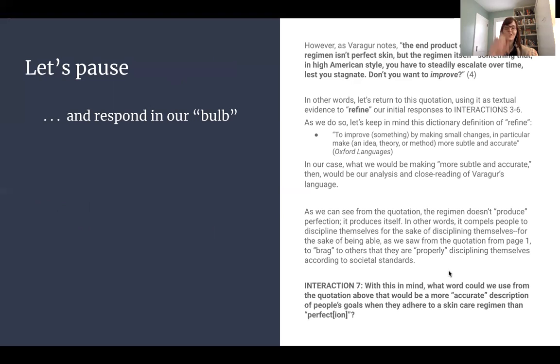Okay, so interaction 7. With this in mind, what word could be used from the quotation above that would be a more accurate description of people's goals when they adhere to a skincare regimen than perfection? Which would be the more accurate word than perfection or perfect?